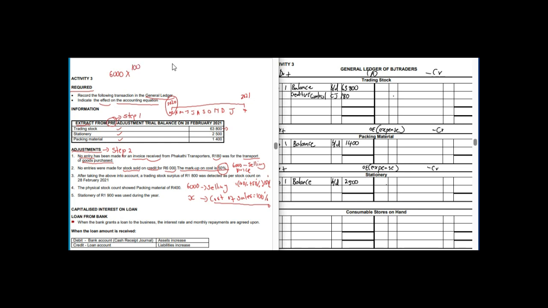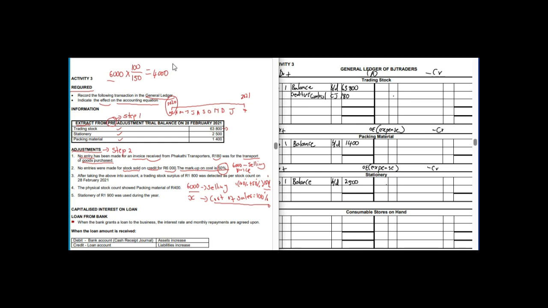Multiply by 100%, divided by the selling price of 6,000 at 150%. So 6,000 multiplied by 100 divided by 150, and your cost of sales will be 4,000. And then we need to record our 4,000 since we are selling.